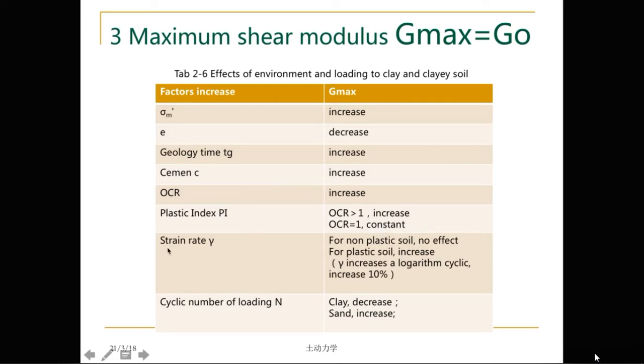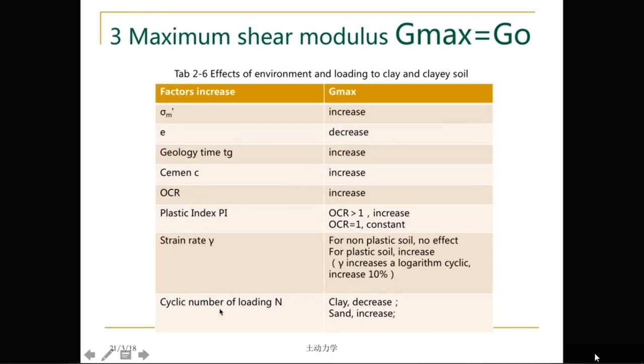And for strain rate, gamma dot: for normal plastic soil, no effects. But for plastic soil, it will cause Gmax to increase. That means when the strain rate increases by a logarithmic cycle, Gmax increases by 10%.